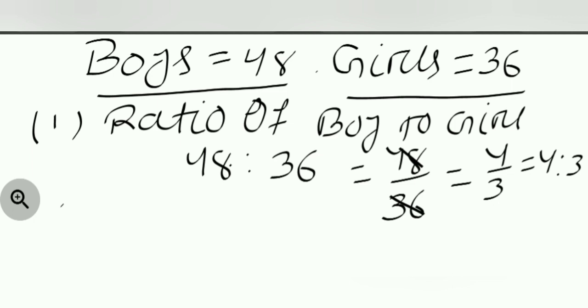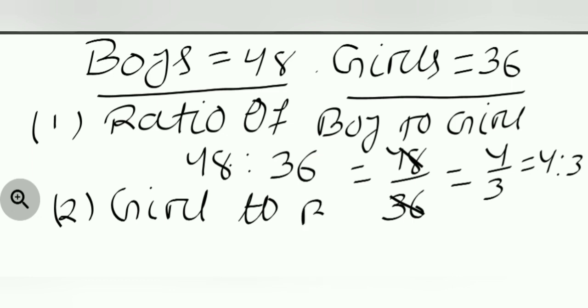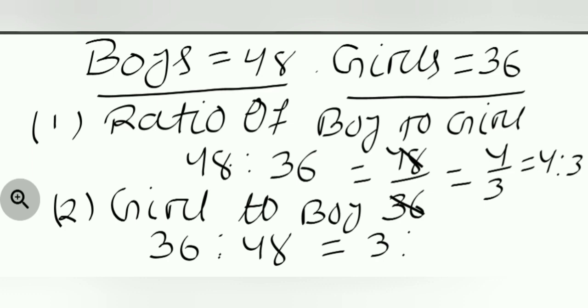But if we have the question ratio of girls to boys, in this case we have to know which one is which. Girls are 36, boys are 48. Therefore here the ratio becomes 36 is to 48, which gives 3 is to 4.